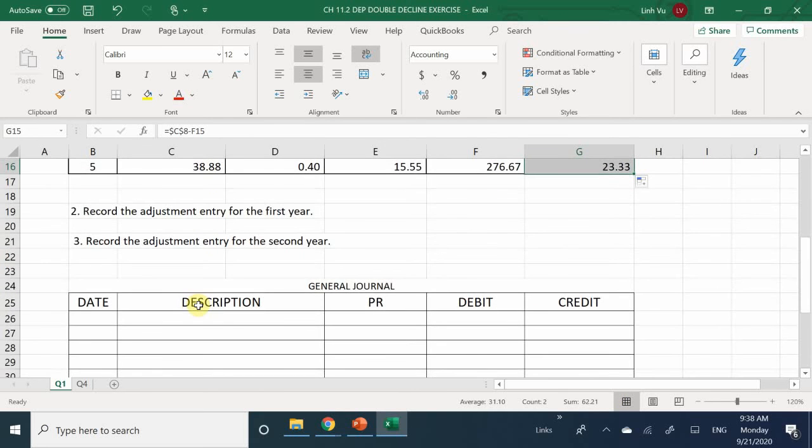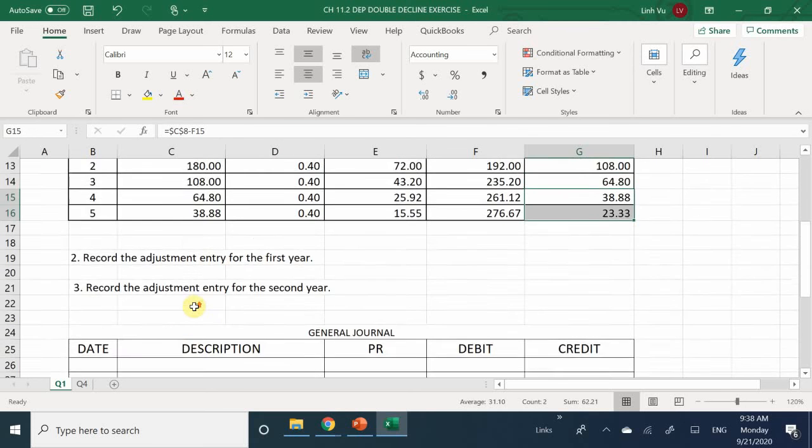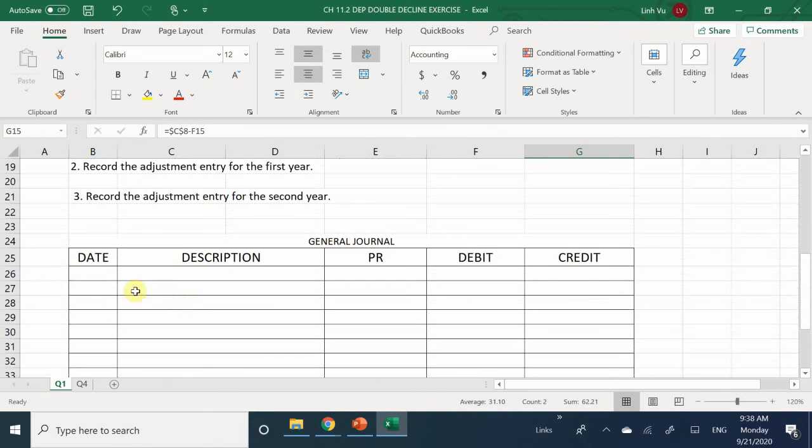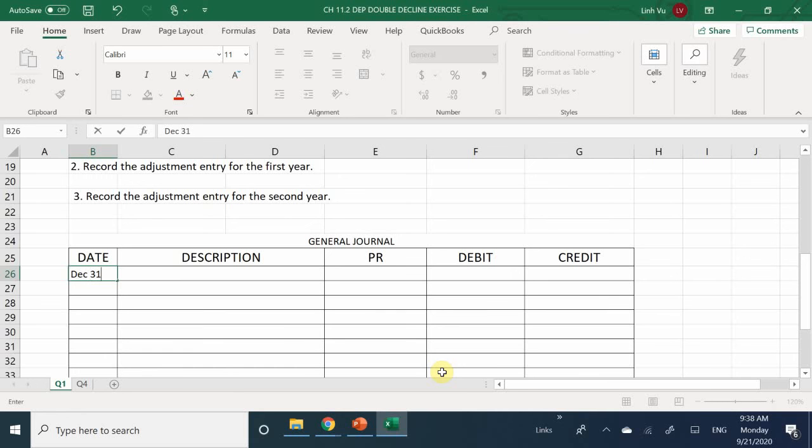All right, so question 2 says, let's journalize the depreciation for the first year, assuming that the end of the year is December 31st. So what is going to be my journal here? Depreciation expense, 120 debit. Good. And accumulated depreciation.